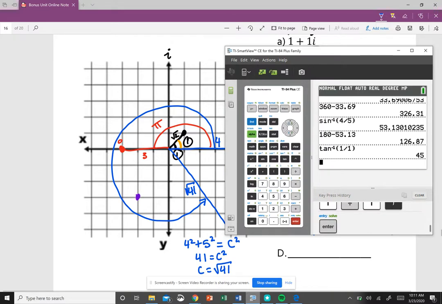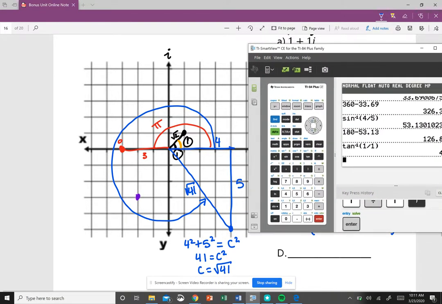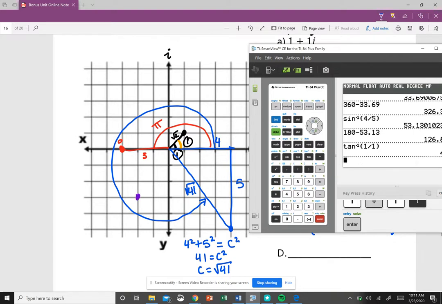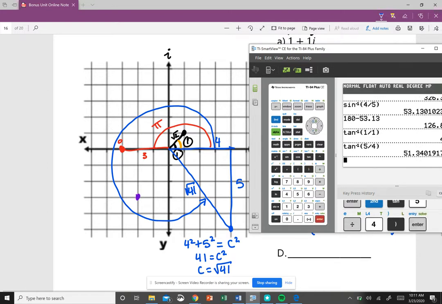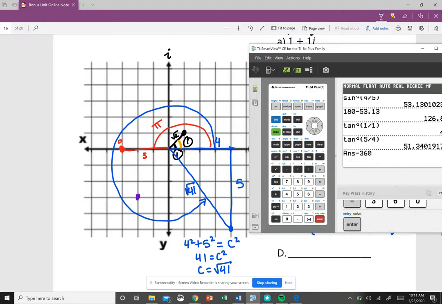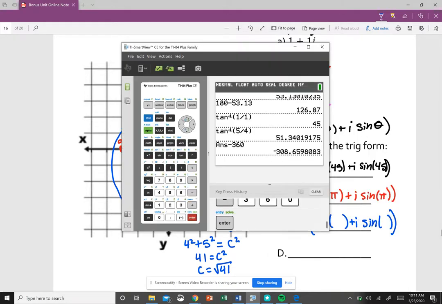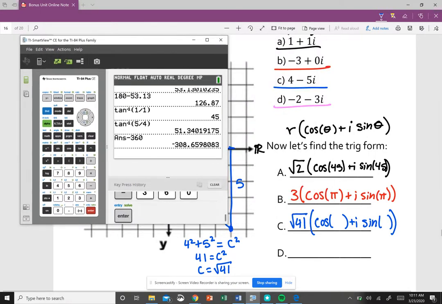I'm going to do 360 because why not? Okay, so we're going to do inverse tangent again because I already have those numbers. It's going to be 5 over 4. So I'm going to do inverse tangent of 5 over 4. And I get that, but remember, that's what I need to subtract from 360. Now, hopefully you guys know that if I subtract 360 from that number and I get this negative number, it's actually positive if I flip it around. So then this would be 308.66.